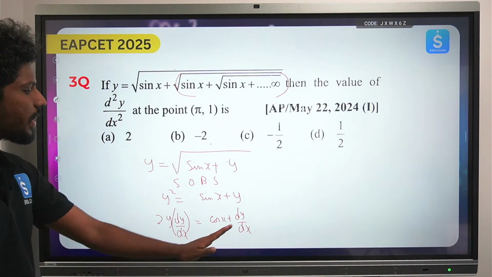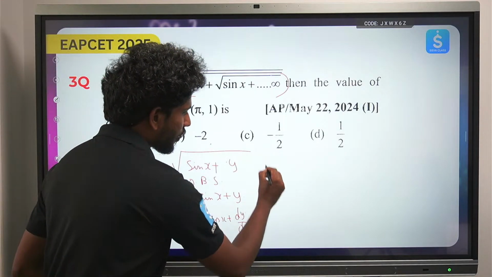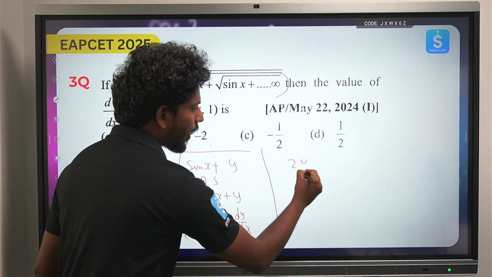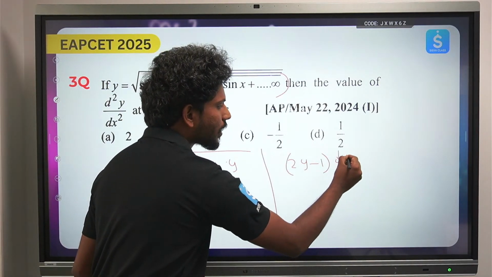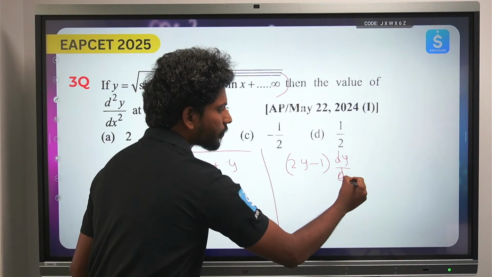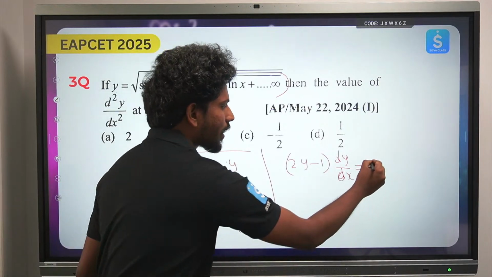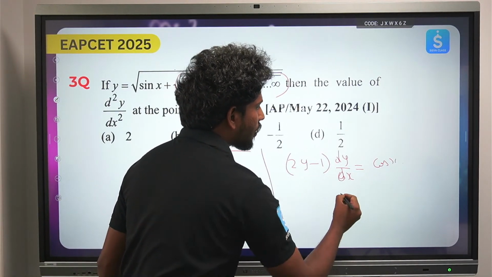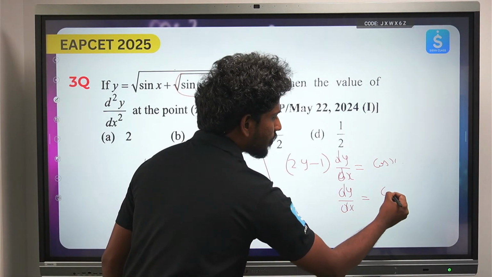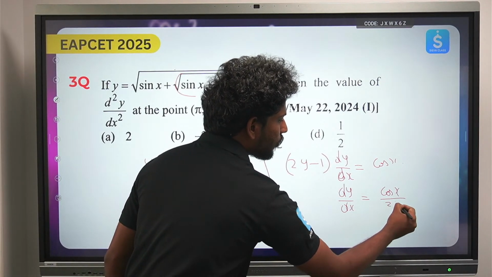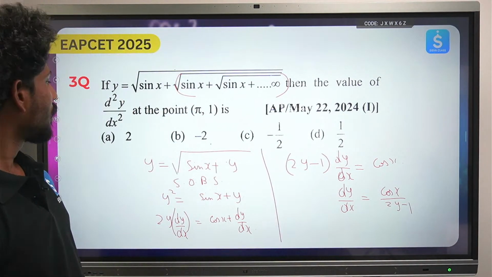Now take all the terms to one side. So 2y minus 1 into dy by dx equals cos x. So dy by dx equals cos x by 2y minus 1.